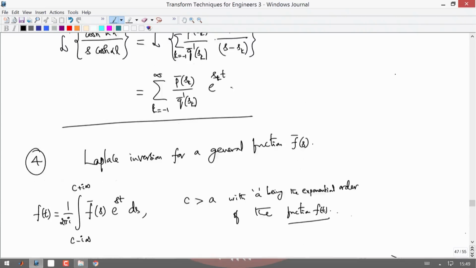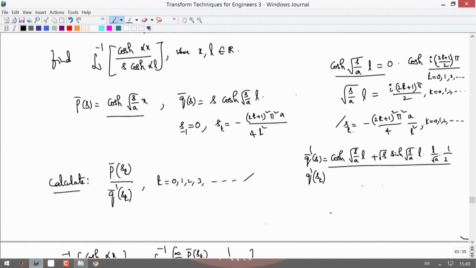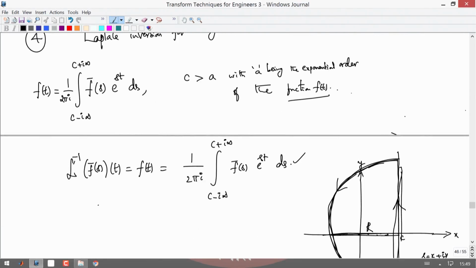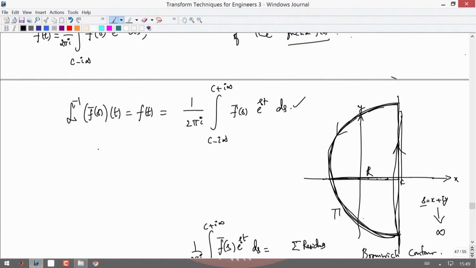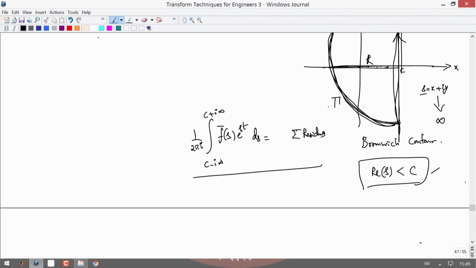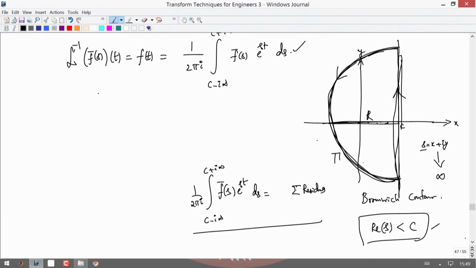The roots of that q bar of s are all on the negative side of the x axis; everything is here. So, when you expand as r goes to infinity, this is going to be 2 pi times the residues at those points, k equal to 0 to infinity.